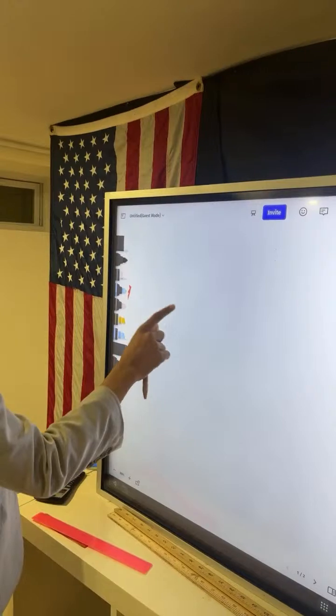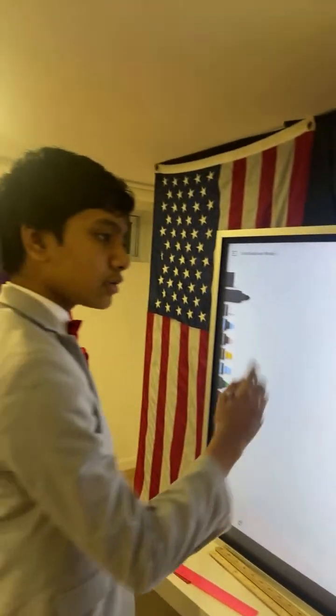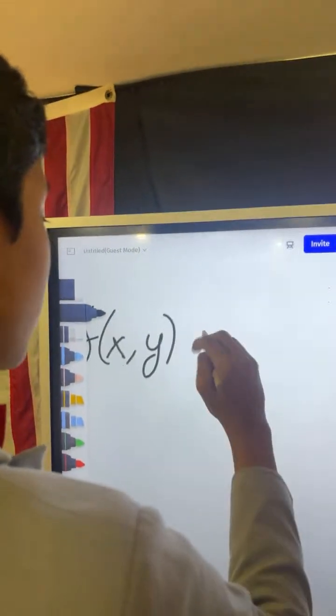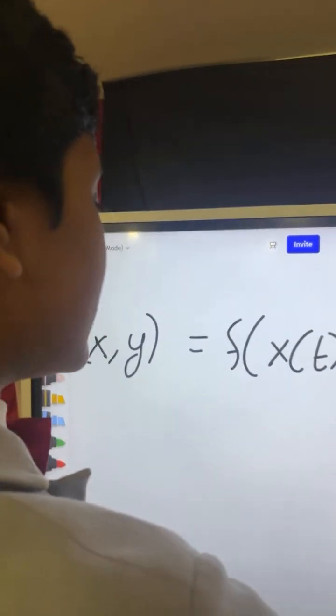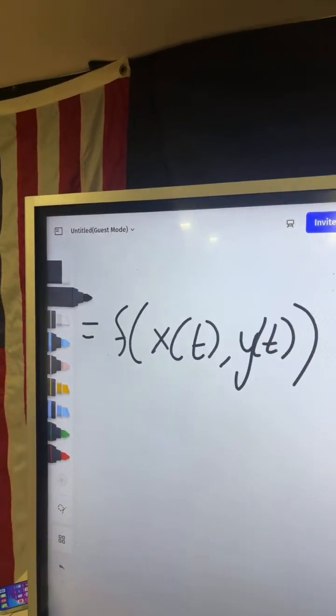So, how do you actually find it out? Well, often what you're going to have to do is take the surface and reparametrize it given the parametric form of the curve that you're integrating over.